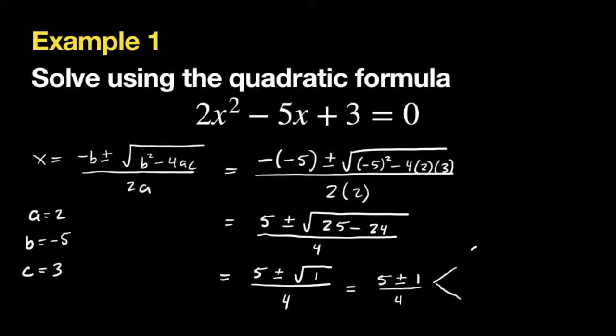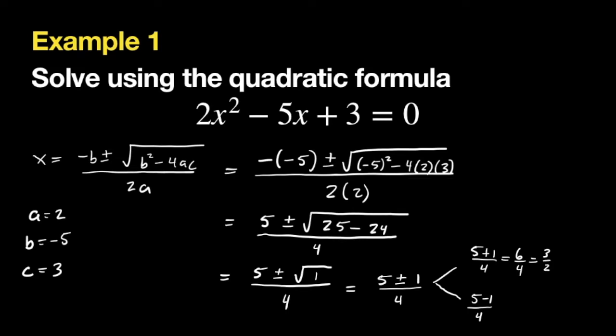We're going to do 5 plus 1 over 4, and then we're going to do 5 minus 1 over 4. 5 plus 1 is going to give us 6. 6 over 4, and we can actually simplify this to 3 over 2.